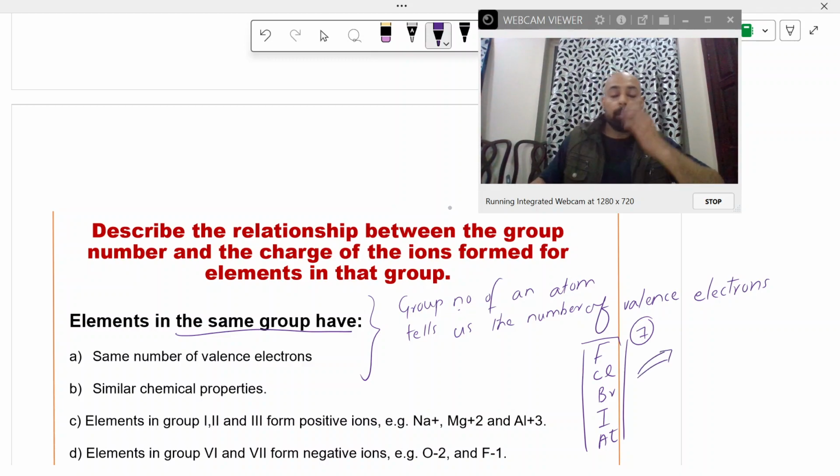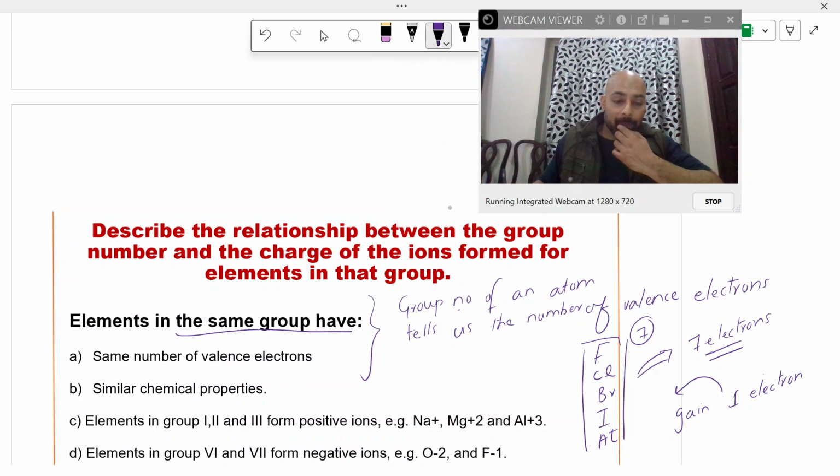They will have 7 electrons in their outer shell. How can they complete their outermost shell? Of course, by gaining 1 electron.